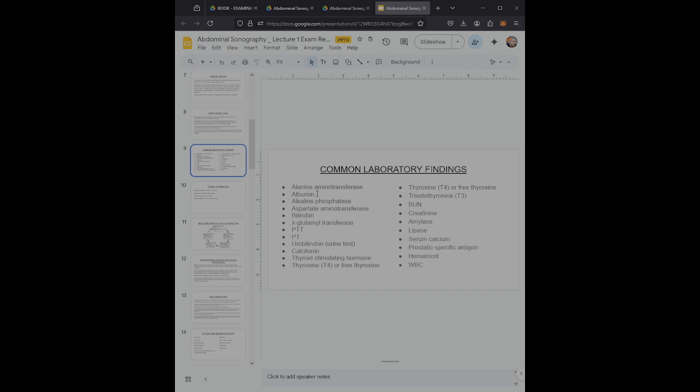And then we come to albumin. Albumin is an indicator of liver function, and in cases of hypoalbuminemia, it can reflect a decrease in albumin synthesis. If we have a decrease, it could indicate that the liver's biosynthetic capacity has been reduced, and as such we can conclude that the liver is damaged somehow.